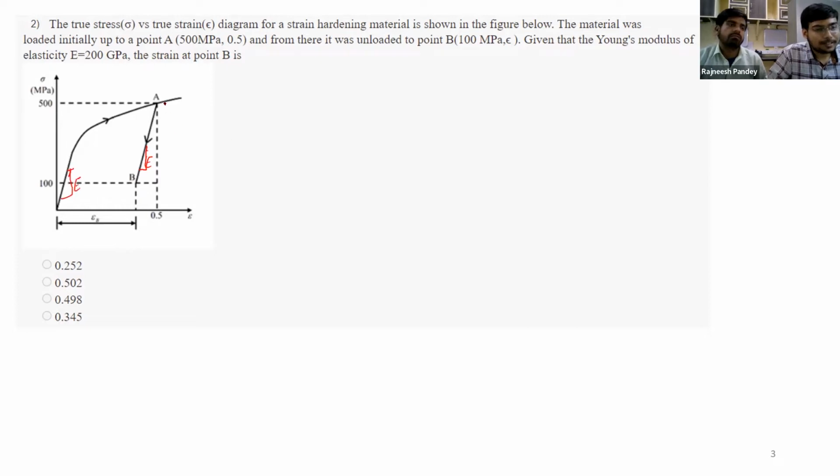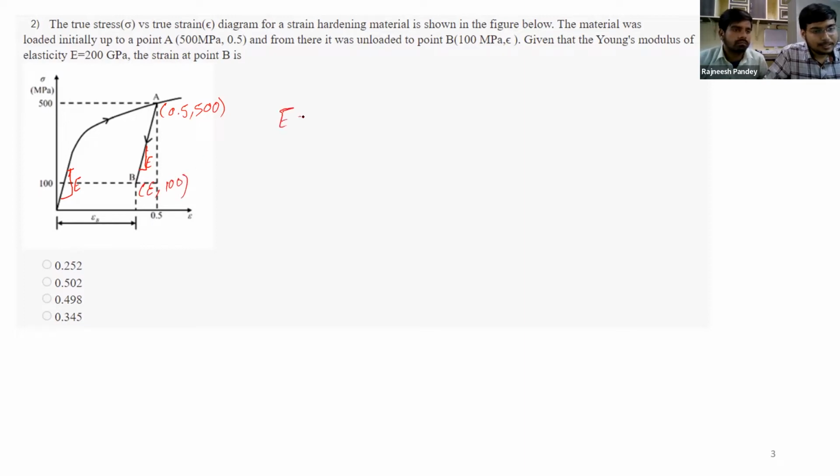So we are given the coordinates. If I write this value in the form of coordinates, then I will write it as (0.5, 500), and this will be (epsilon, 100).